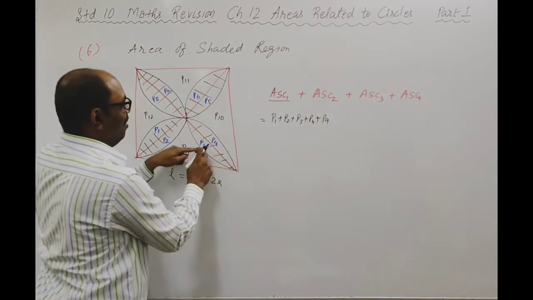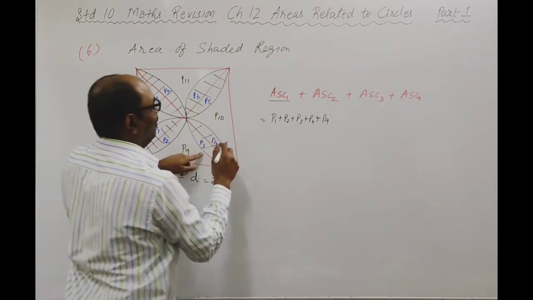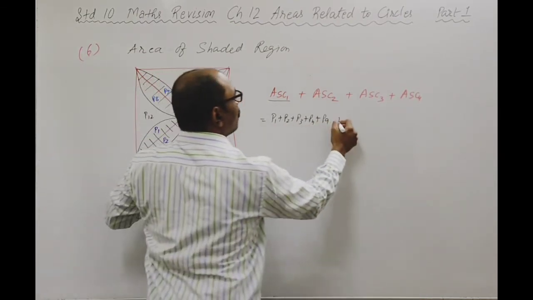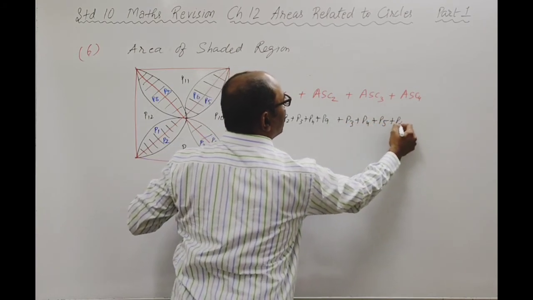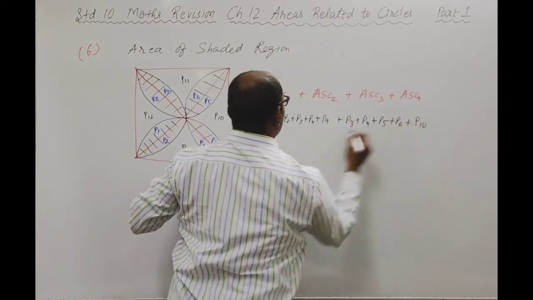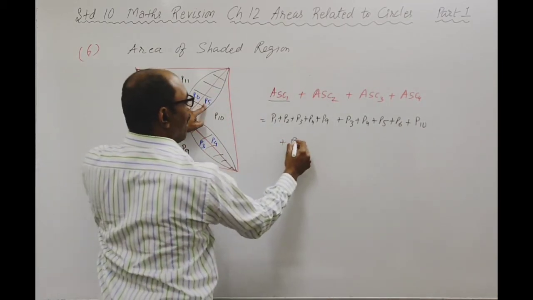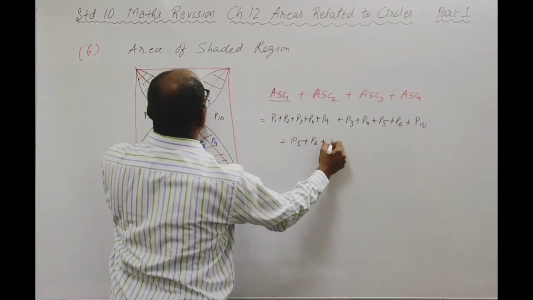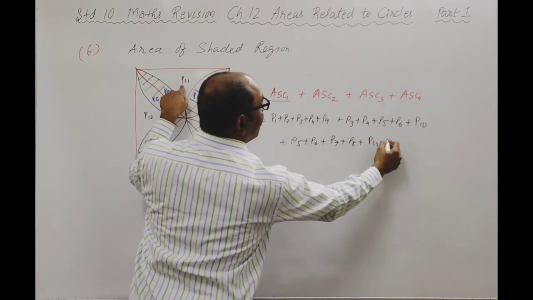Second semicircle: part 3 plus part 4 plus part 5 plus part 6 plus part 10. Similarly, now the third semicircle: part 5 plus part 6 plus part 7 plus part 8 plus part 11.